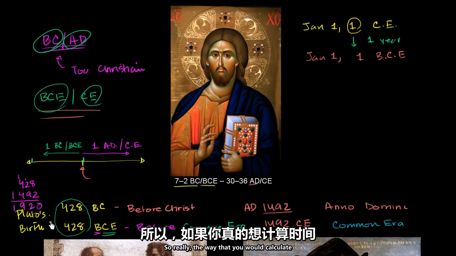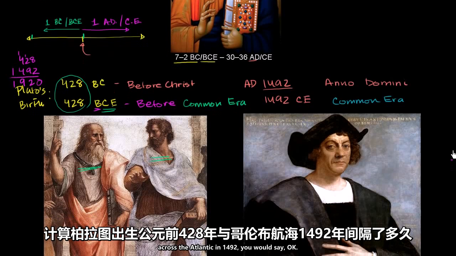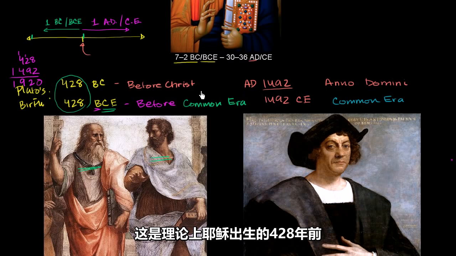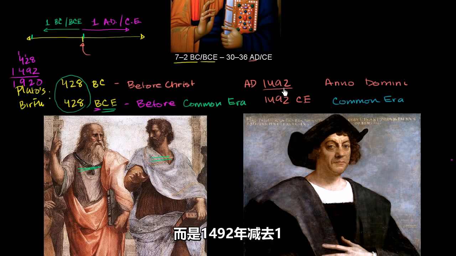So really, the way you would calculate the time between Plato's birth at 428 BC and Columbus sailing across the Atlantic in 1492, you would say, okay, this is 428 years before that theoretical birth of Christ. But this isn't 1492 years after that theoretical birth. This is 1492 minus 1.